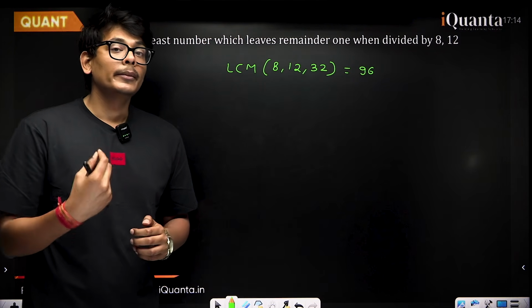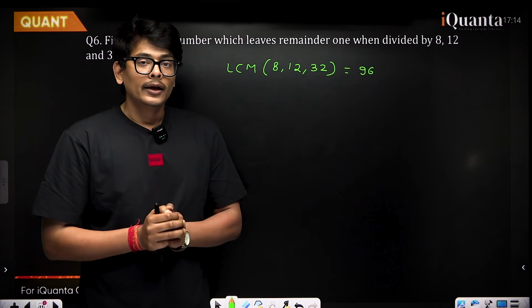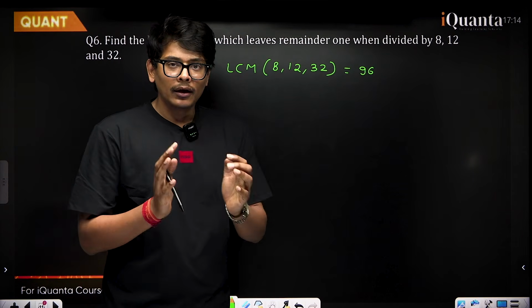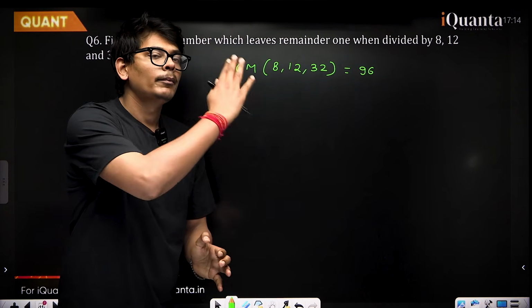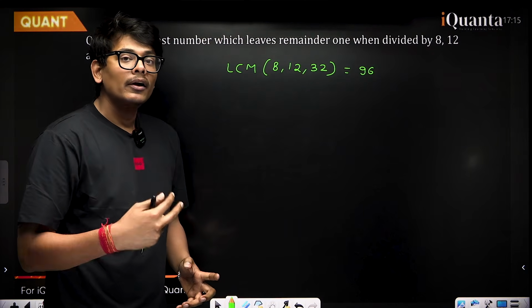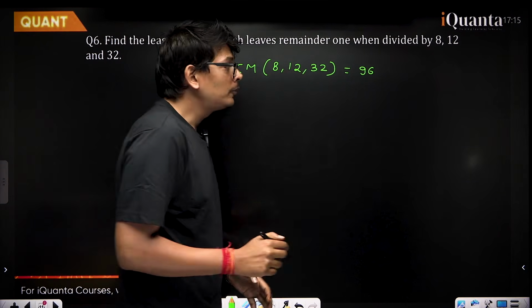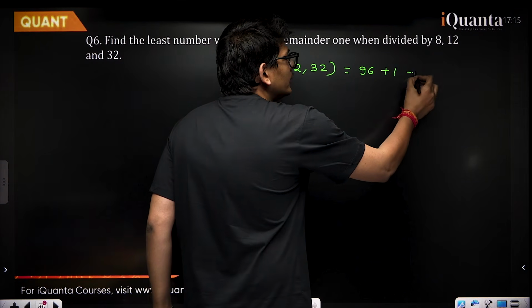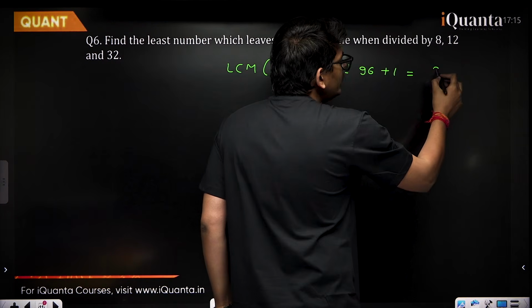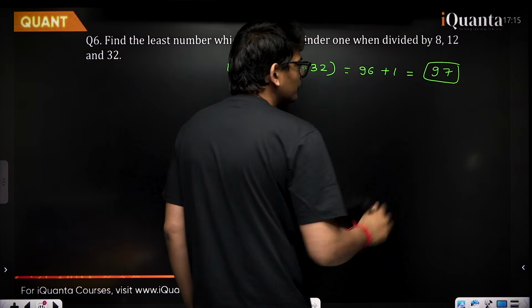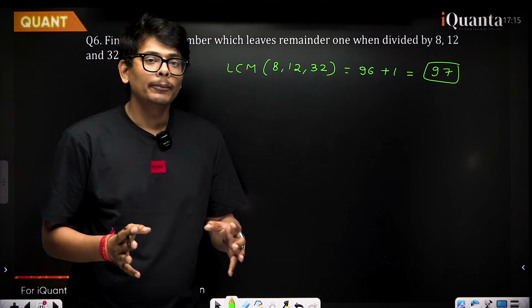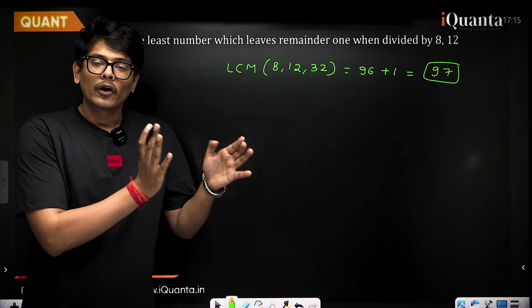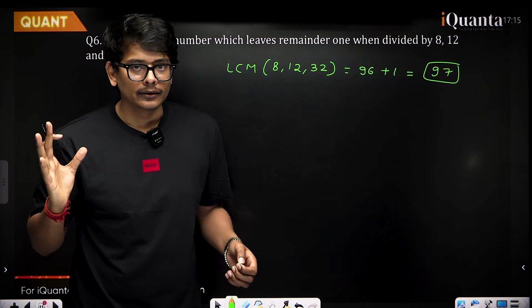But here the remainder is coming out as 1. So that means this number will give us a remainder 0 when divided by 8, 12 and 32. But we need to have remainder 1. So what we have to do? Just add 1 to the final answer. So 97 will be the right answer. So in the case of LCM, what you have to do is add your remainder to the final answer. Okay?